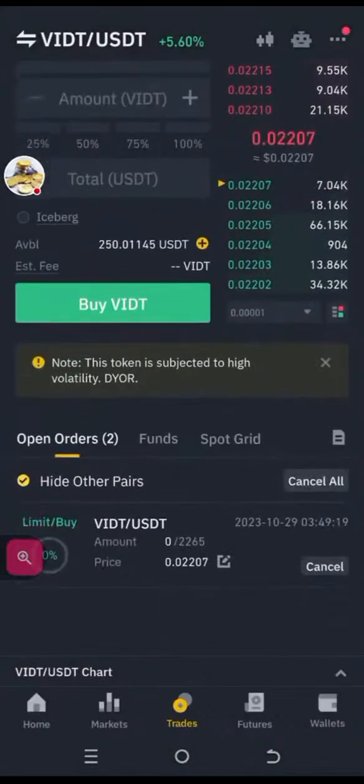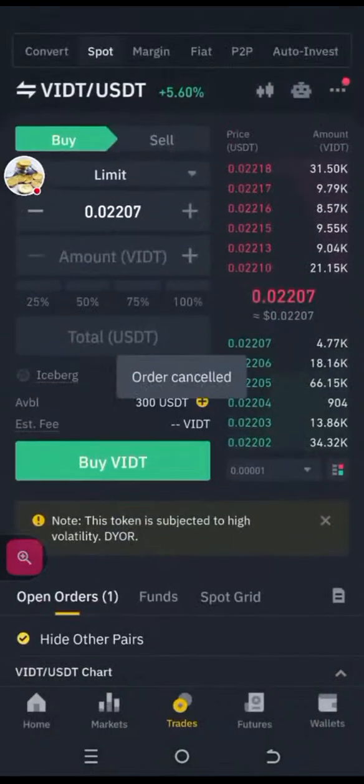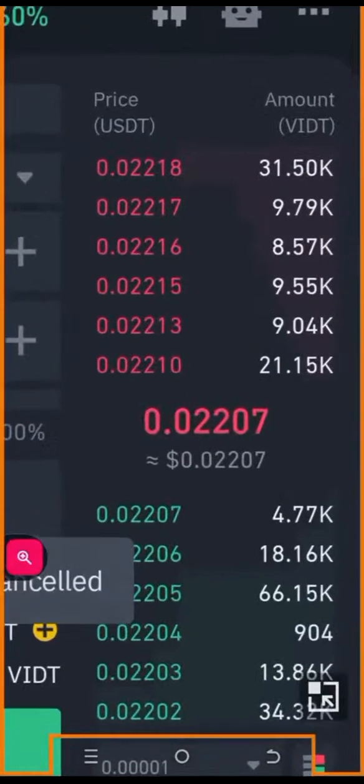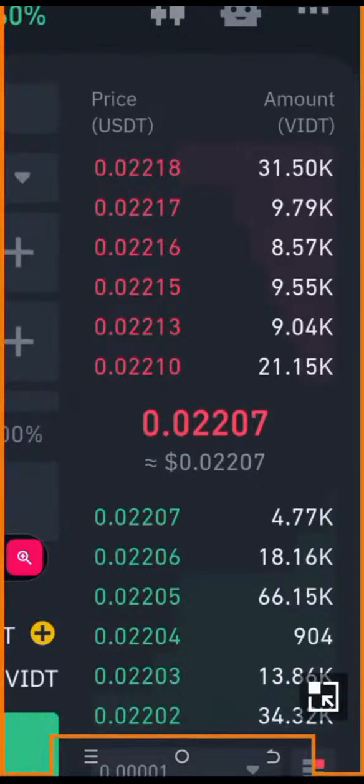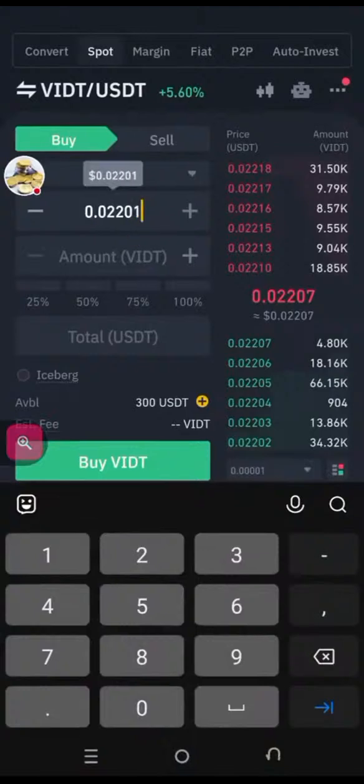Okay, let's see. Looks like it's in the queue, but I can cancel that. That means it wants me to buy at a higher price. 2210. Let's just try the simulation to see whether I will make money.